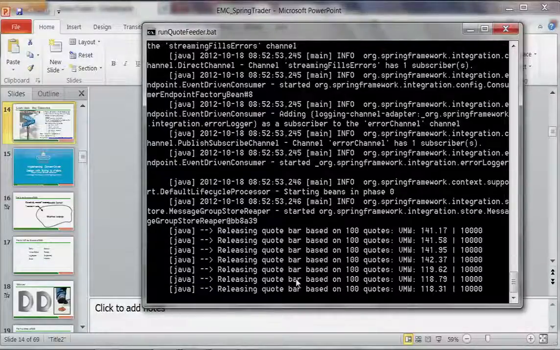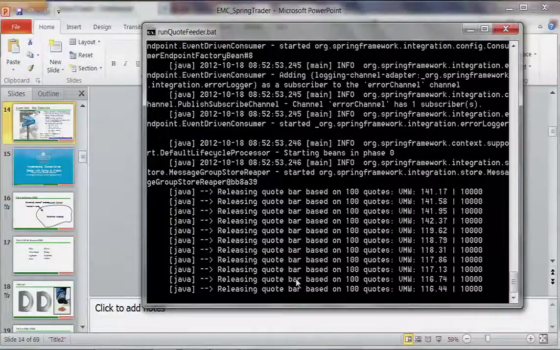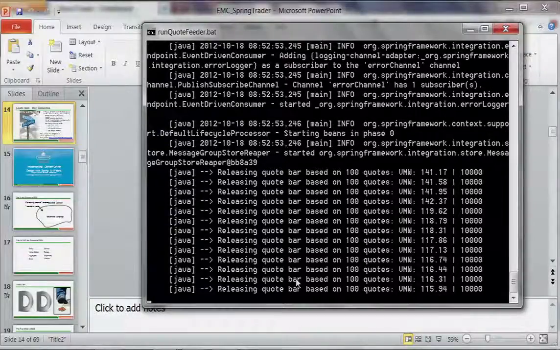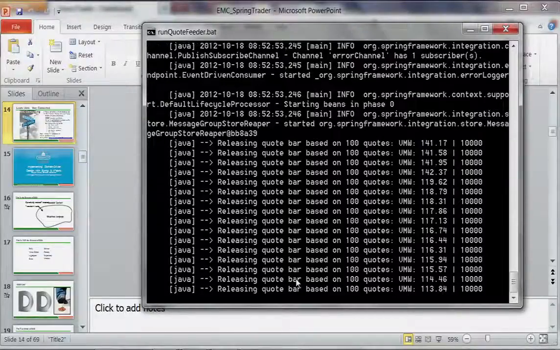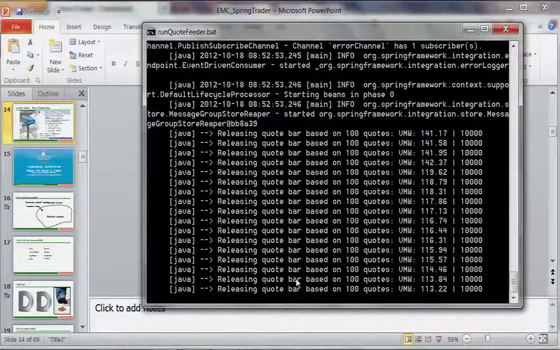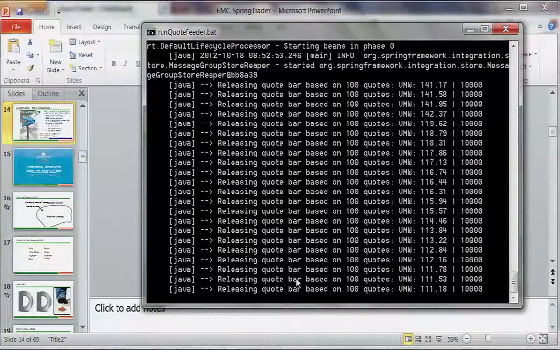Now we have 100 symbols in the application, and every 100 quotes or 2 seconds that goes by, we're releasing a quote bar. So every line on the screen represents about 10,000 quotes that went by every half a second.